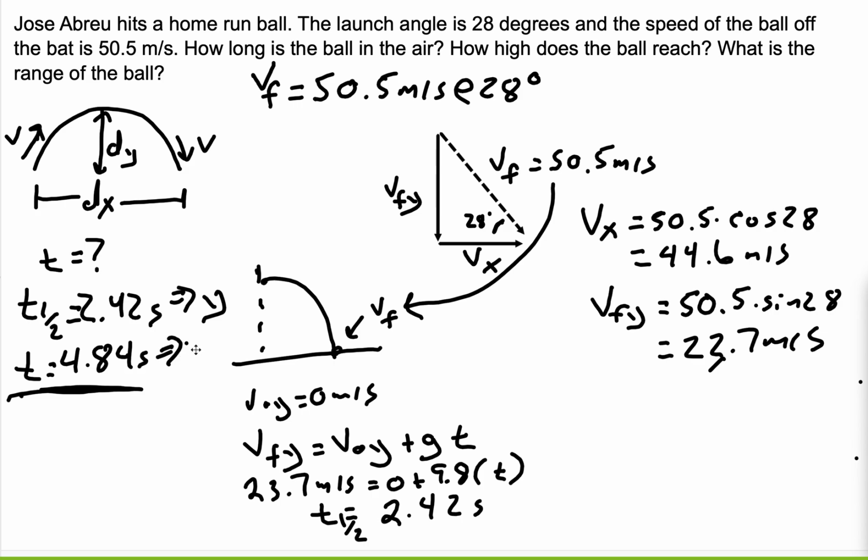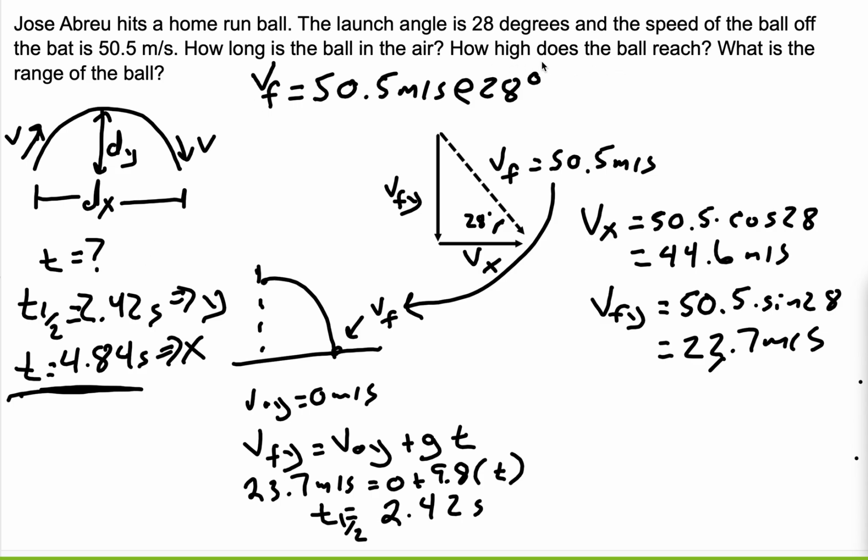We use the full time for any part of the problem that we're solving for x, because the x velocity is not changing, and we need the whole dx, not just from the peak to when it hits the ground. So for how long is the ball in the air? It's actually 4.84 seconds.